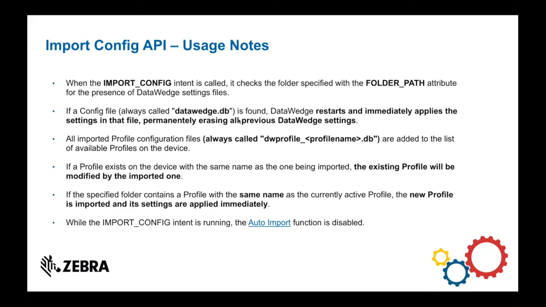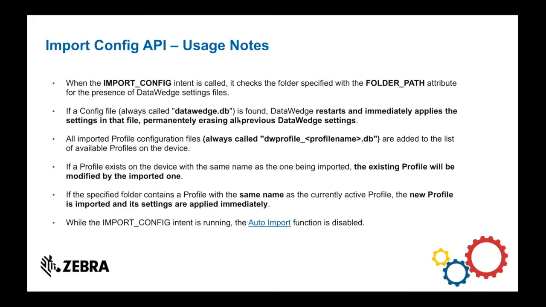It's also going to look for the profile configuration files, and these are always called DW profile_ and whatever the profile name is. If the profile already exists on the device with the same name, it's just going to override it. It's going to modify it. And if that same profile is also currently active, it's going to apply those settings immediately.